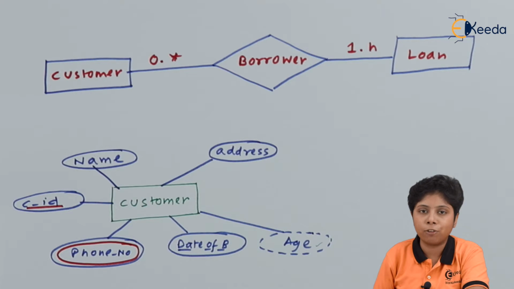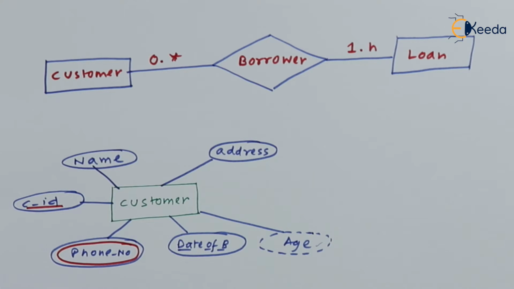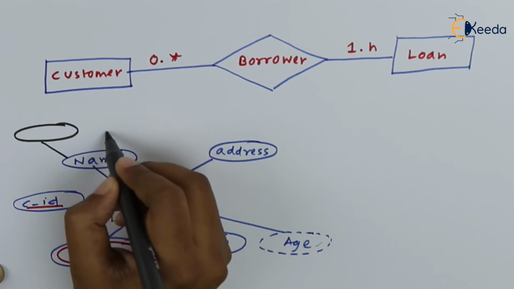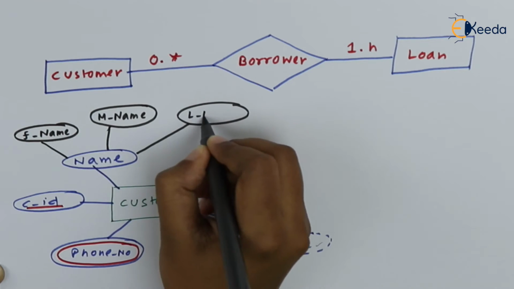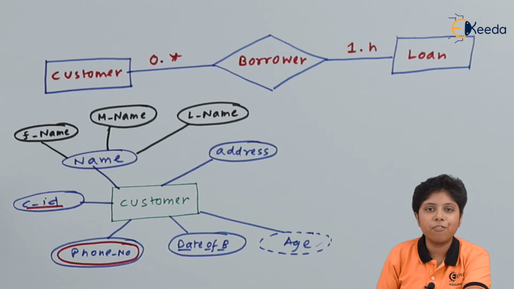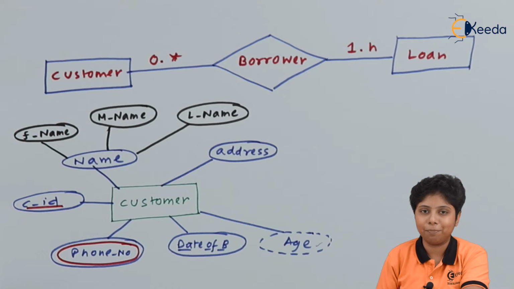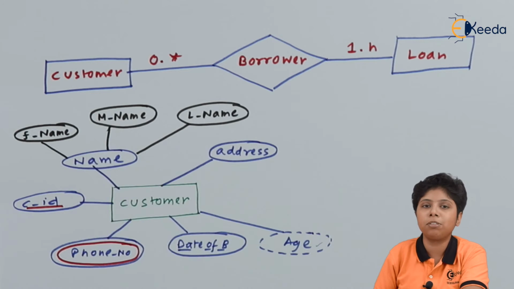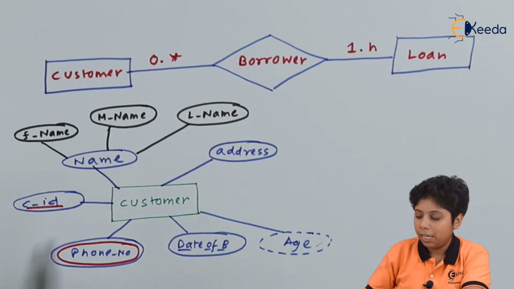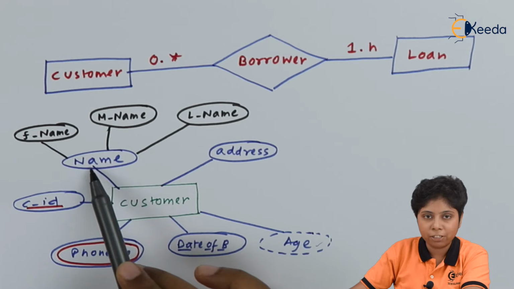First, look at this attribute and its parts. A name can have first name, middle name and last name. This type of attribute is considered a composite attribute, which means the attribute can have many attributes in itself. The composite attribute has no direct relation with the table; it is connected from the table to the primary attribute.